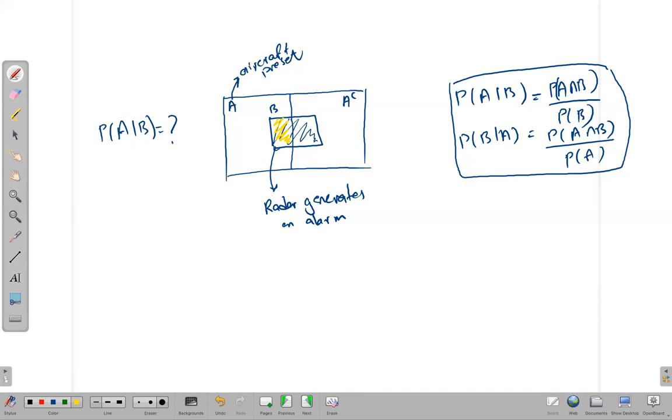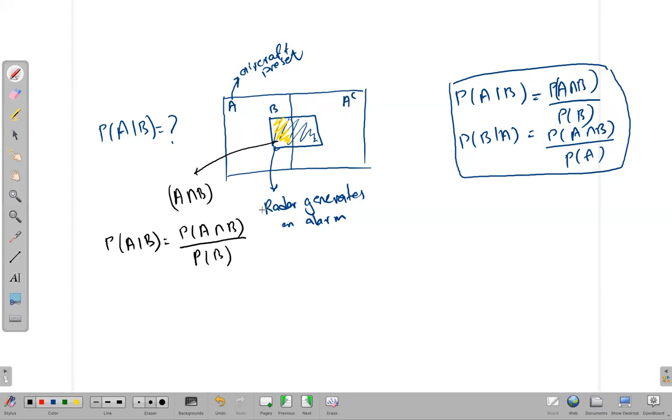This part is simply A intersect B. So the probability of A given B is equal to the probability of A intersect B divided by P of B, right?